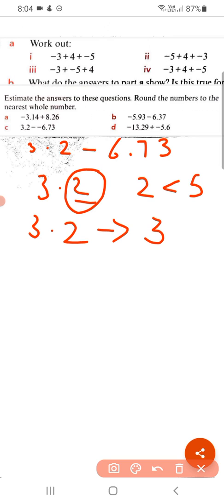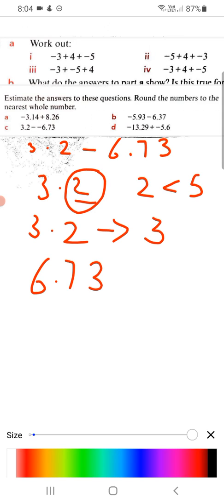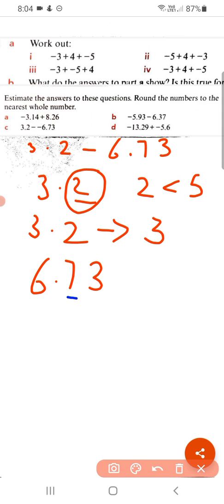The next number is 6.73. Which is the digit in the 10th place, children? 7. 7 is greater than 5. Isn't it? In such cases, you should add 1 to the digit in the ones place.